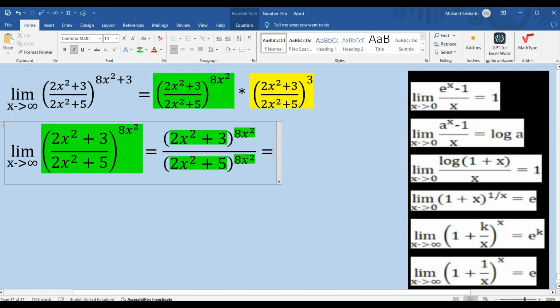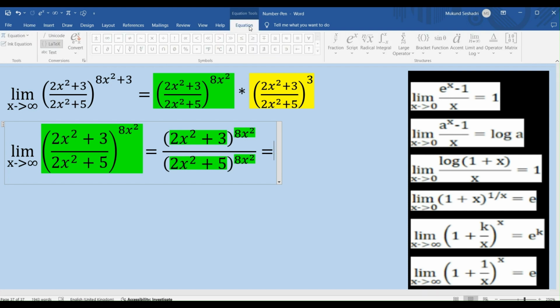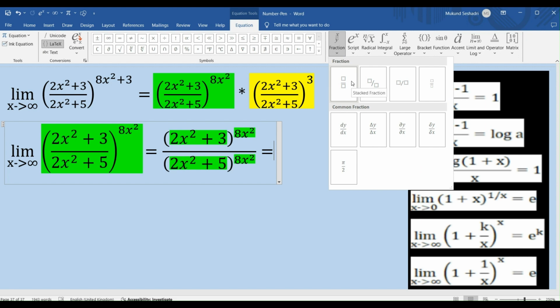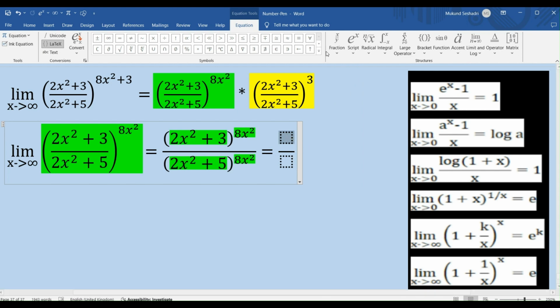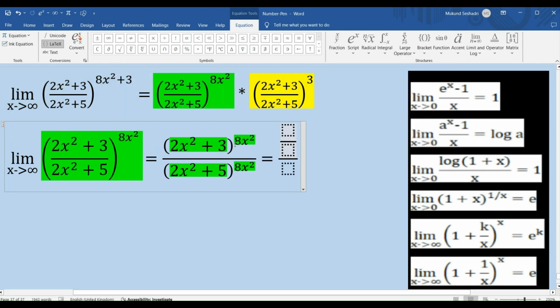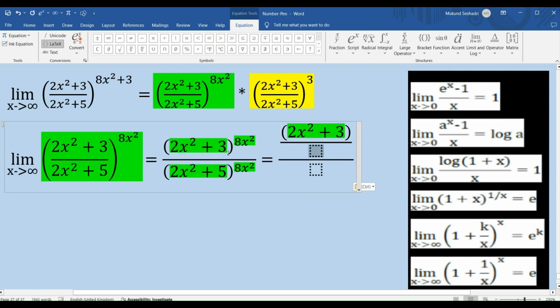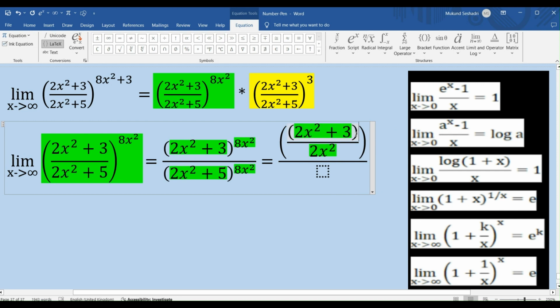So let me rewrite this, and that becomes a lot easier. I'm going to copy this and I've divided it by 2x square, the whole power 8x square, right? And this is not going to change my expression, the expression that we initially started off with.